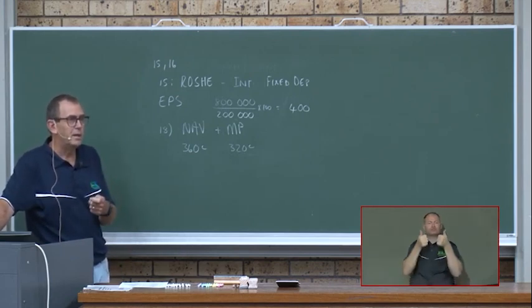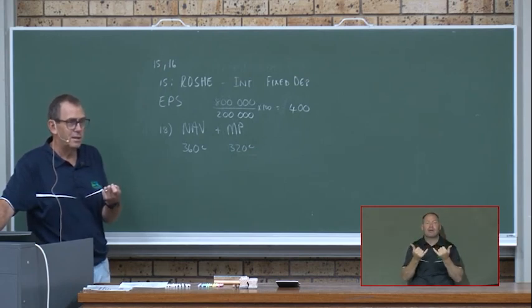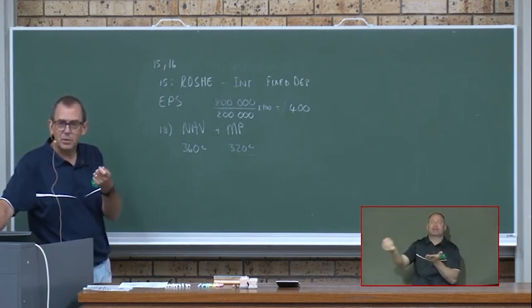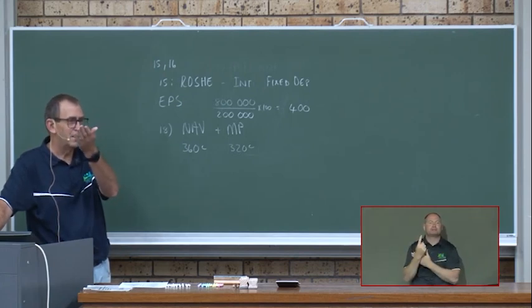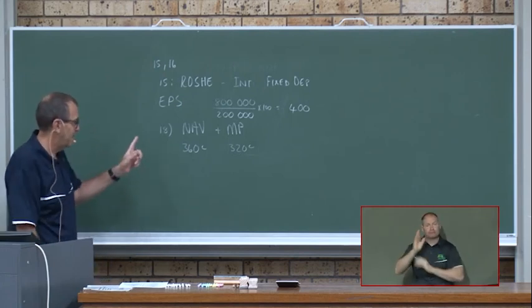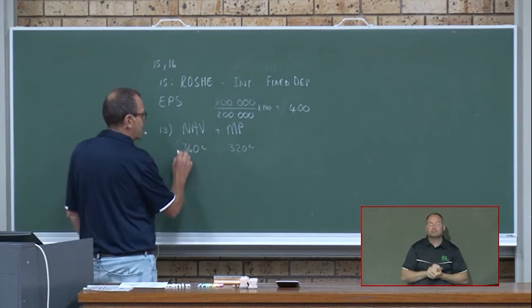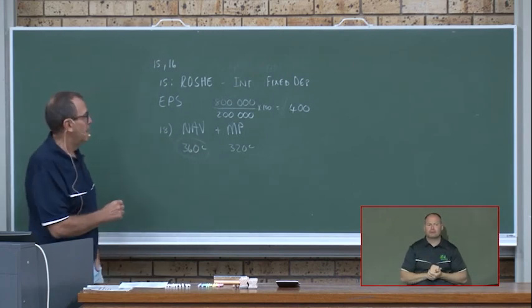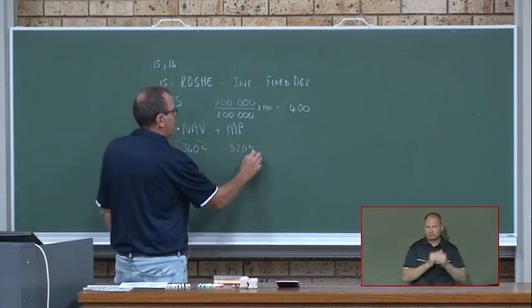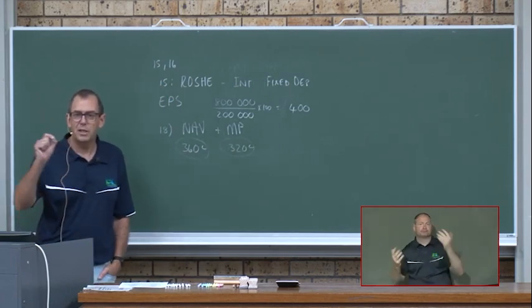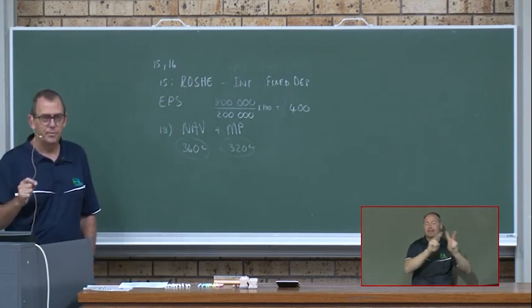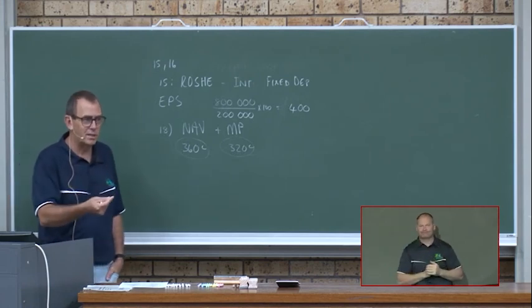There will be a demand for the shares. And if there's a demand for the shares, what will happen to the market price? The market price will increase. So what does this say? They say the value of the share is 360 cents, but the market are only willing to pay 320 cents. So they are not willing to pay what that share is actually worth. So there's no demand for the shares.